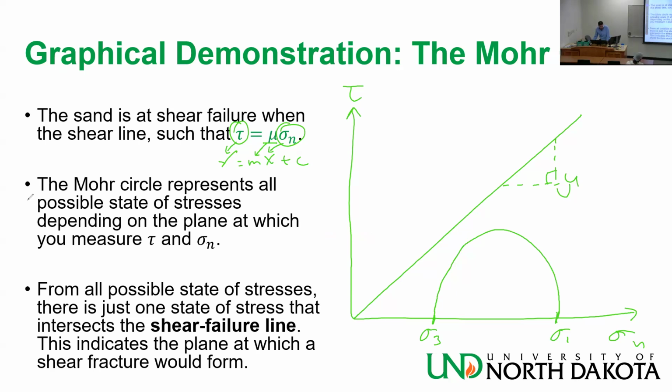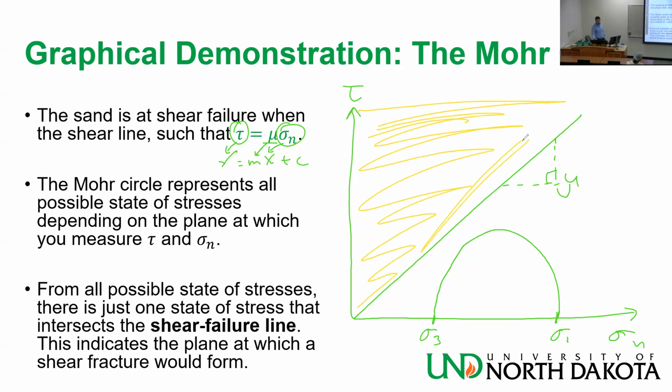In this case, I'm good. I'm very okay. Because above the line, I have basically the shear failure envelope. If my circle cuts into the yellow region, I have failure.